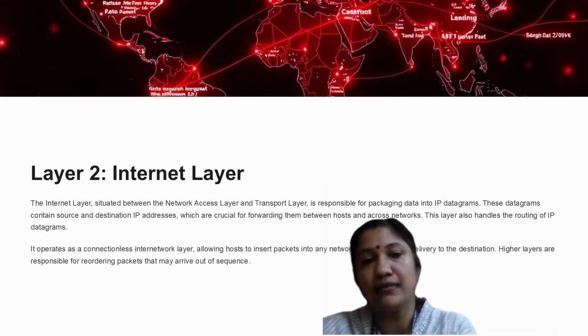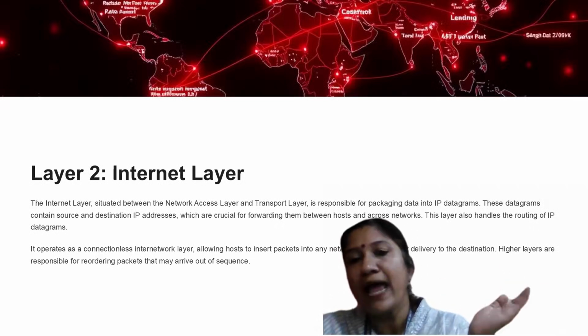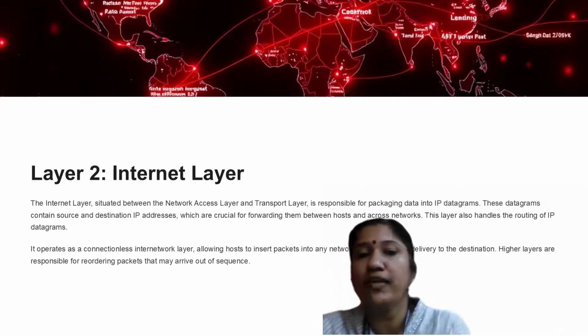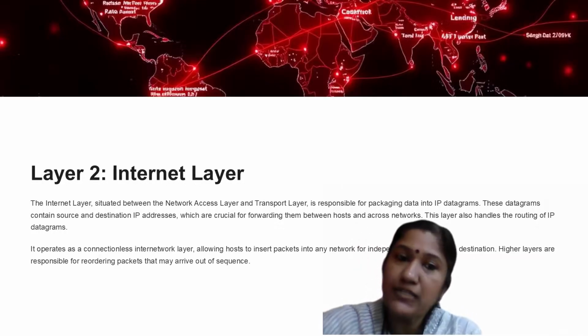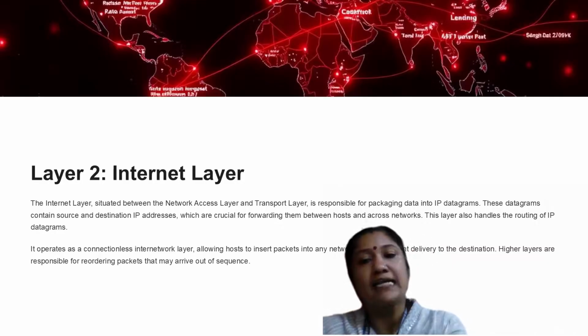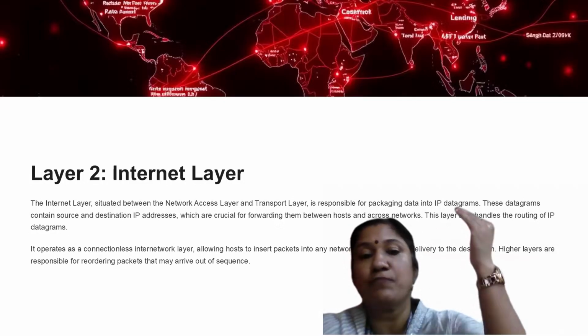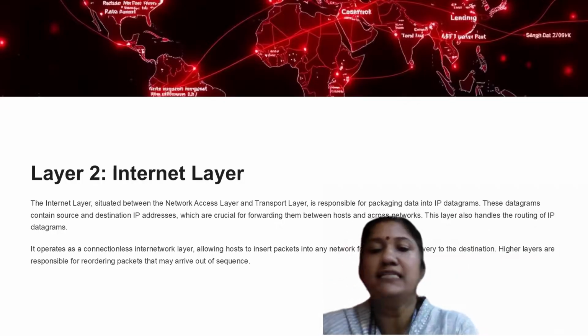These datagrams contain source and destination IP addresses, which are crucial for forwarding them between hosts and across networks. This layer also handles the routing of IP datagrams. It operates as a connectionless network layer, and the higher layers are responsible for reordering packets that may arrive out of sequence.